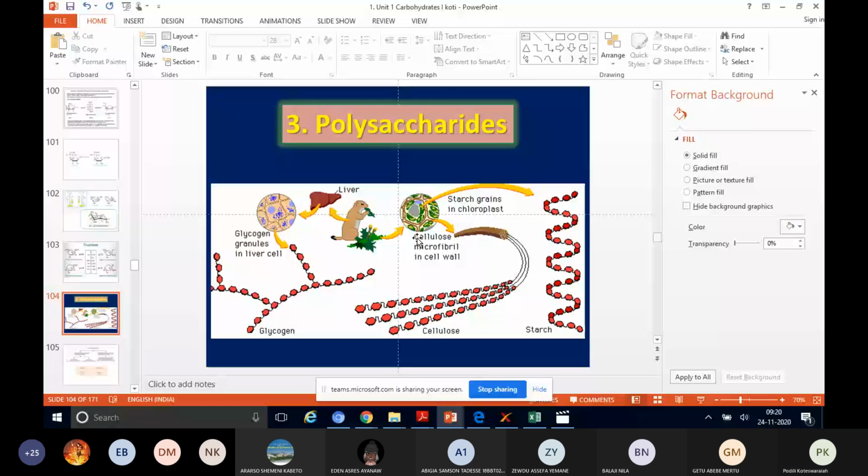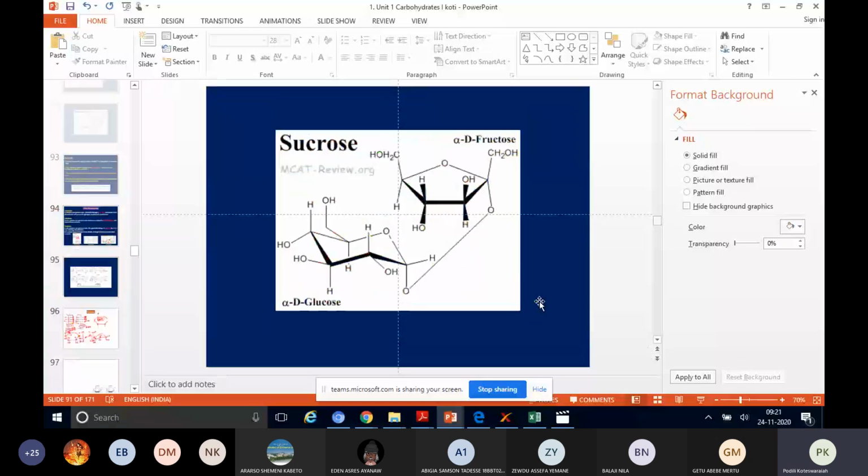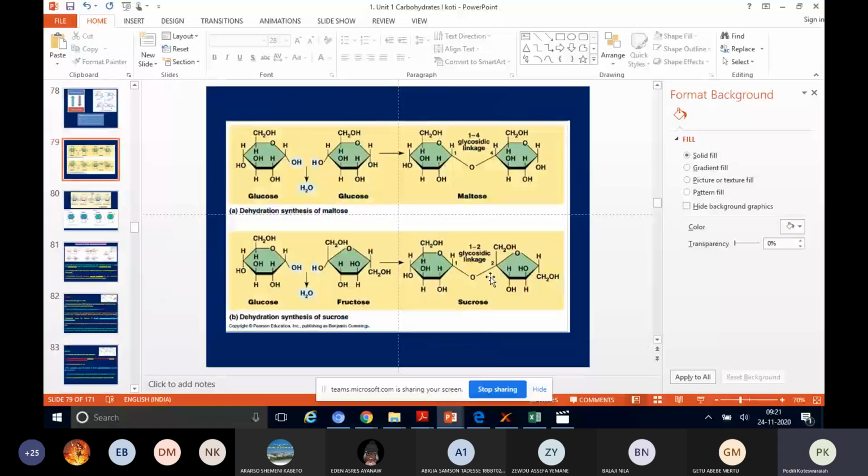And then in yesterday's class, we discussed the disaccharides. In the disaccharides, we initially discussed maltose, lactose, and also sucrose, and these are the three important disaccharides.